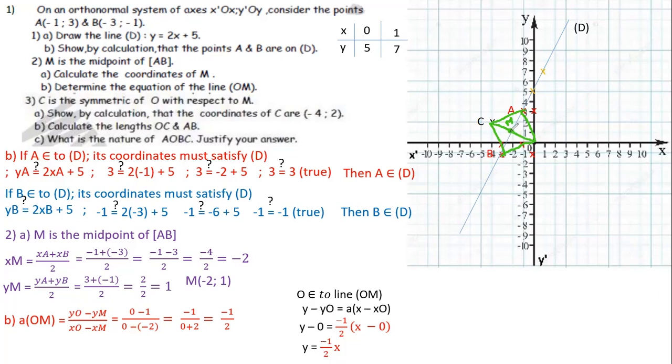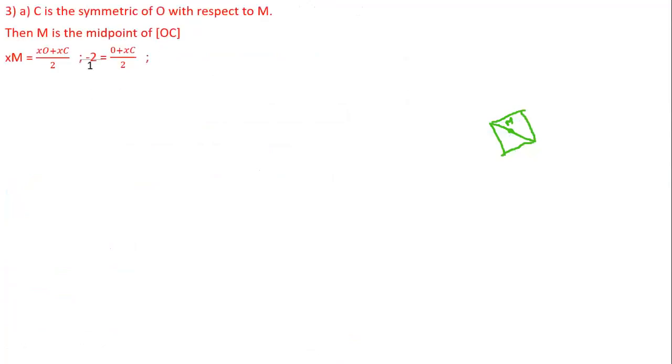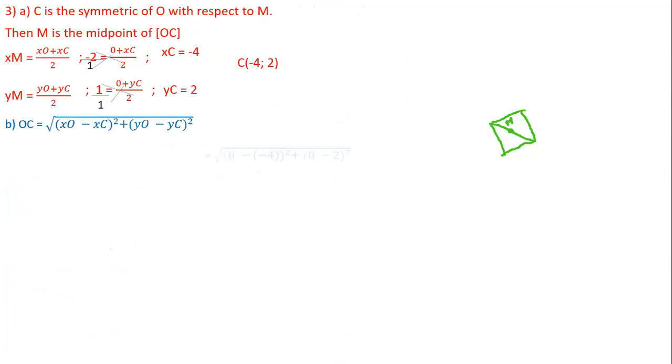But we have also calculated that the length of AB is 2 radical 5 and the length of OC is 2 radical 5. When a parallelogram has two equal diagonals, it becomes a rectangle. It does not become a square, Mahdi, because we are not told that it has two consecutive equal sides or that the diagonals are perpendicular.